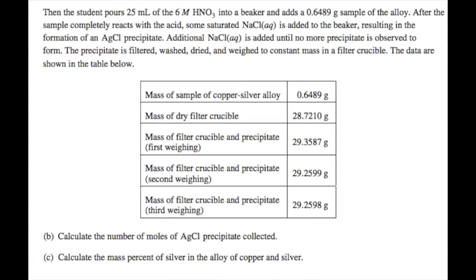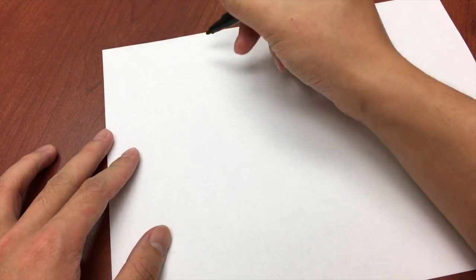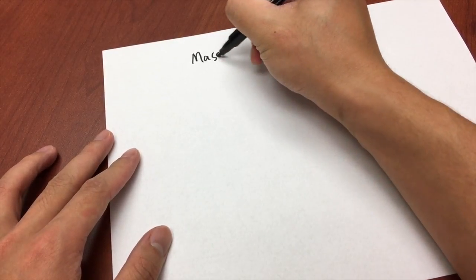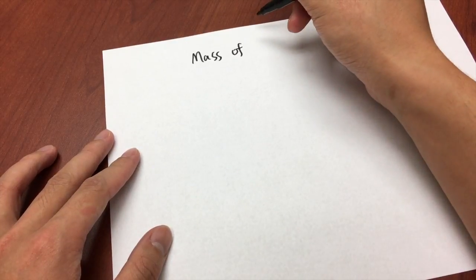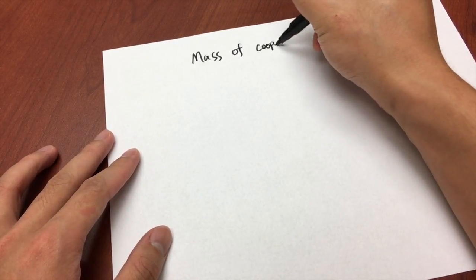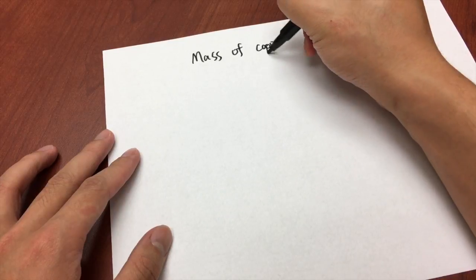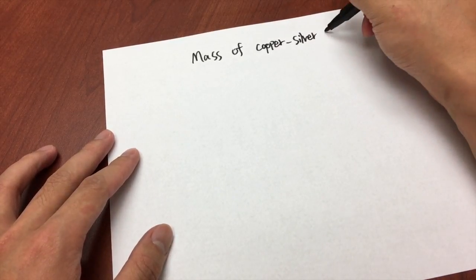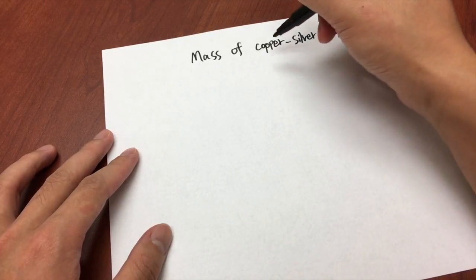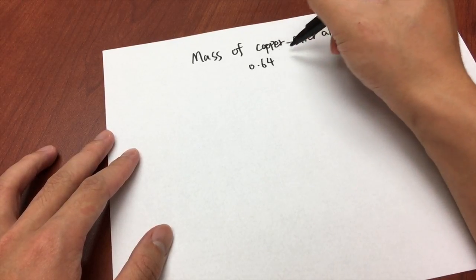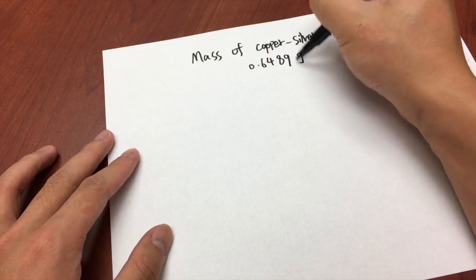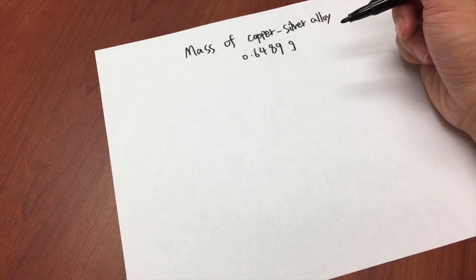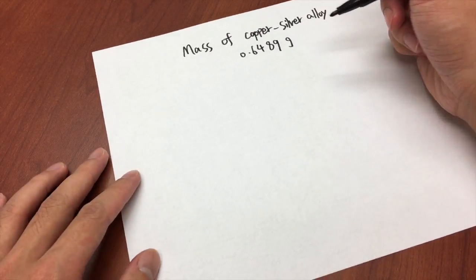Question C. Calculate the mass percent of silver in the alloy of copper and silver. The mass of the copper-silver alloy is 0.7689 grams. We get it from the data table.